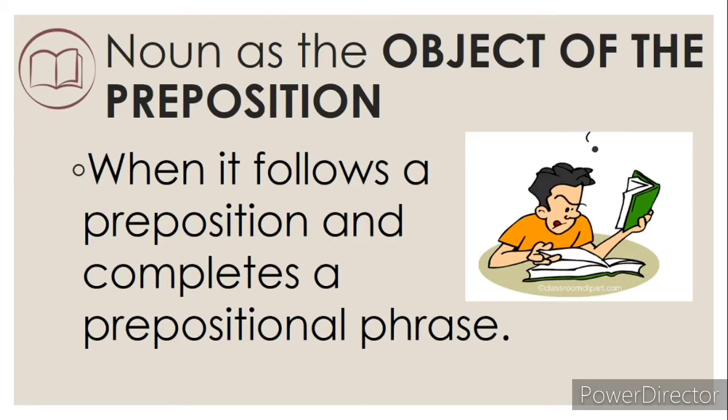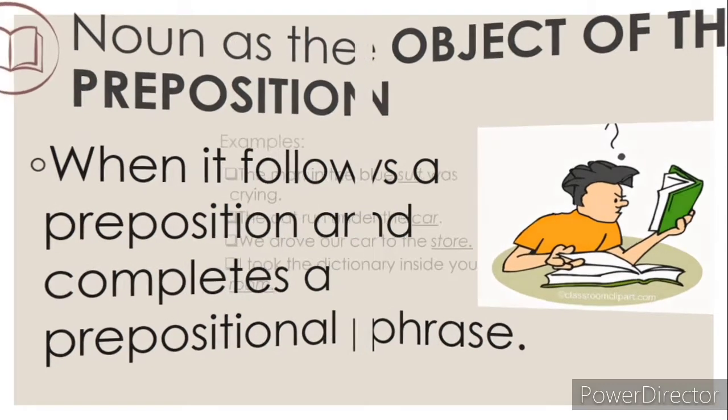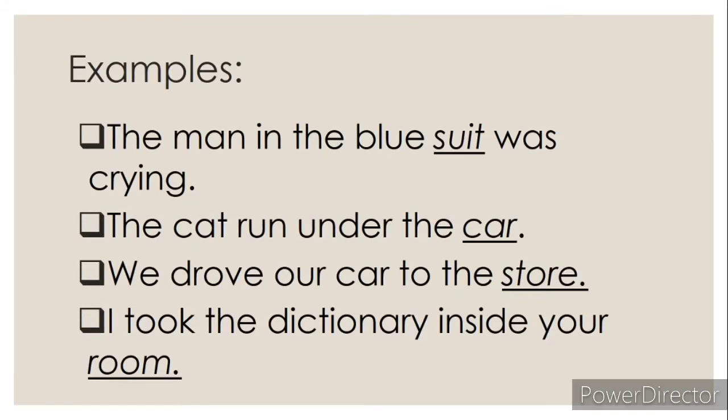Now, let's move on with the noun as the object of the preposition. So, when it follows a preposition and completes a prepositional phrase. So, for example, the man in the blue suit was crying. So, our object of the preposition here is the suit because it completes the prepositional phrase in the blue suit.